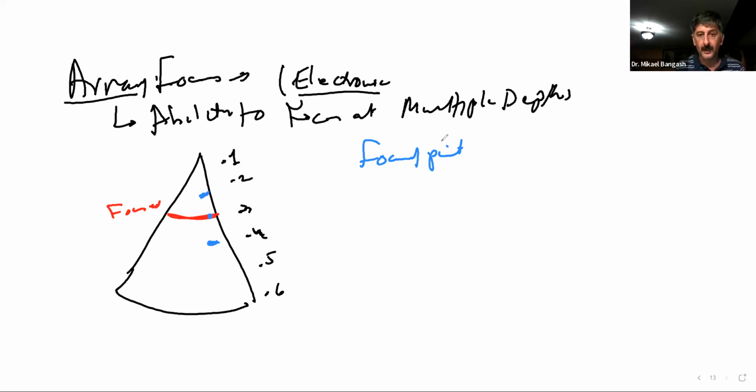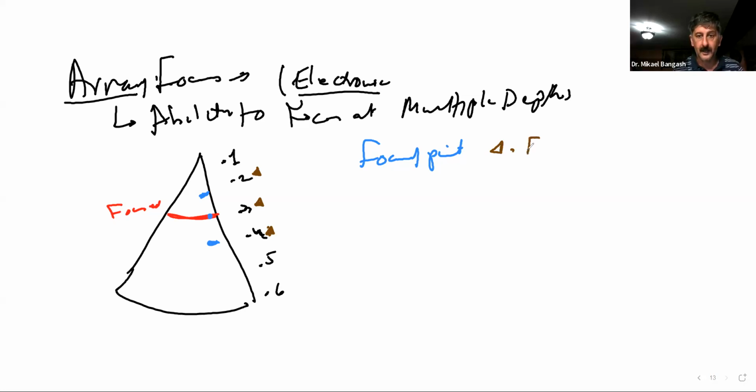Now, what you may see right next to each of these numbers here, some systems may show you something that looks like a little triangle or arrowhead right next to it. So what would that indicate?